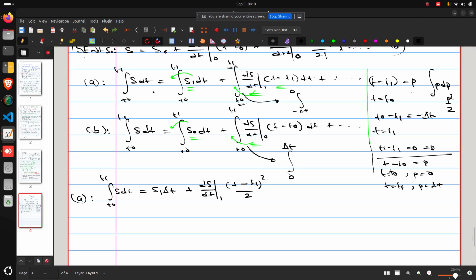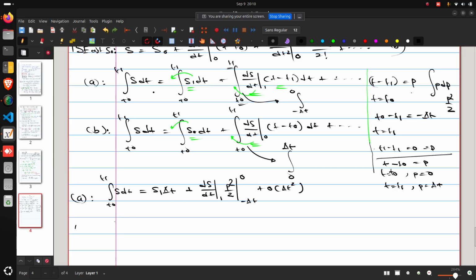Okay, let me just write in terms of p, it will be easier. P square by 2, integration limits are minus delta t to 0 plus order of delta t square, right, if you remember.